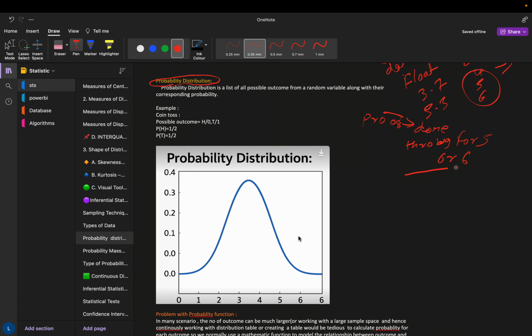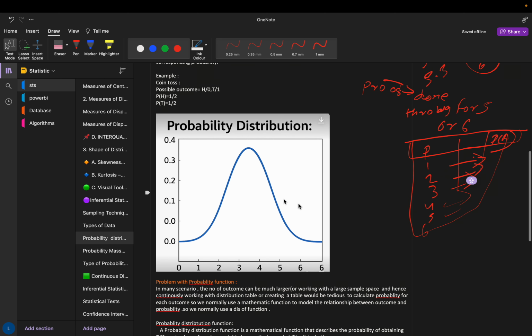In such a situation, we can create a table and find the probability of getting 1, the probability of getting 2, 3, 4, 5, 6. For each one we can draw a table and find the probability. Through the table we find the probability, or the chance, of getting that number.